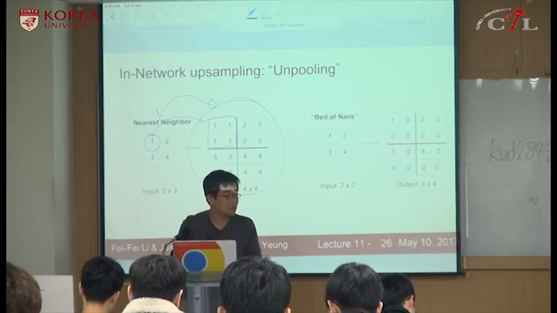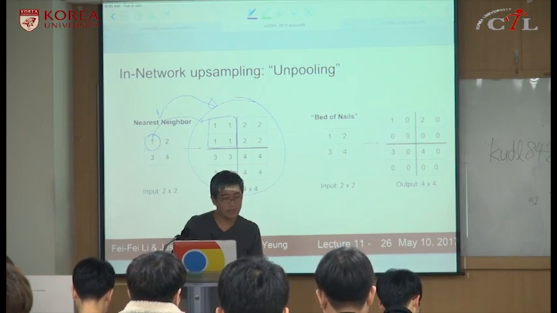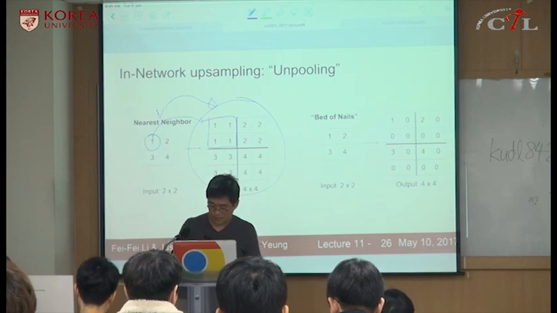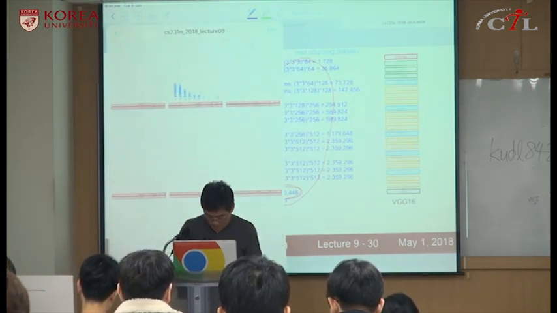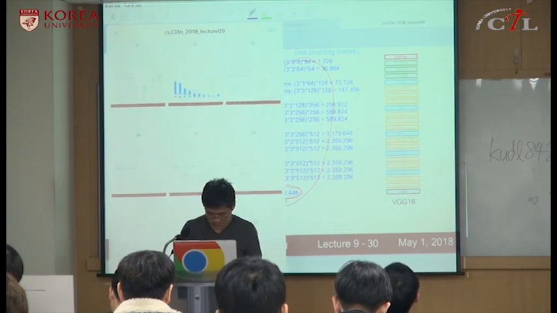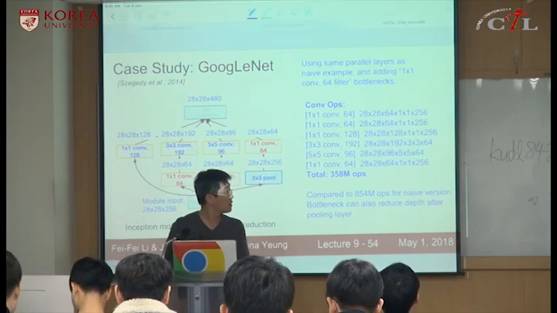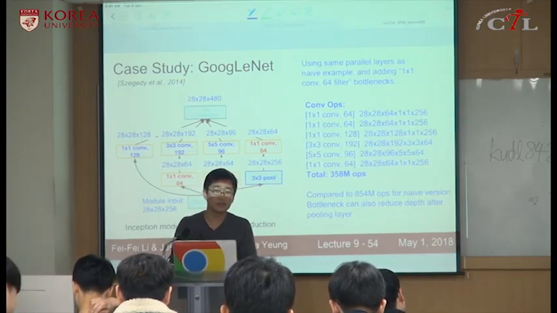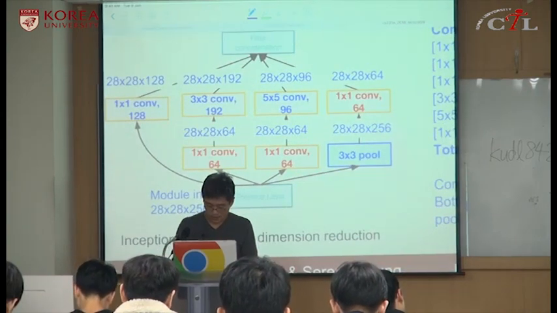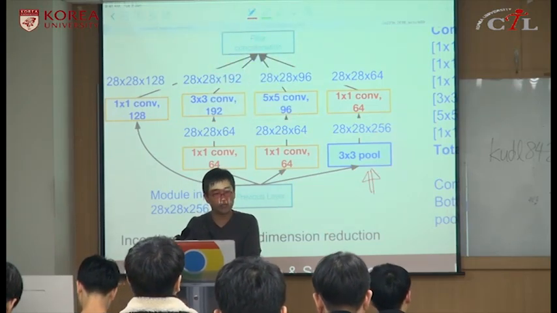Related to this, although it may not be directly related, I feel it has something in common with what we studied before in the inception module. So let's see. This is the inception module version 2, and I want to focus on this part, the 3 by 3 max pooling, right?